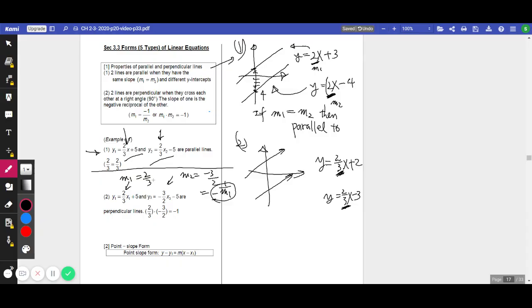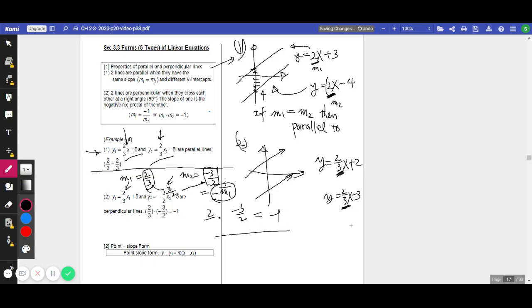So if you flip 2/3, it becomes 3/2, and then you take a minus. So in this case, they become perpendicular to each other. And to double check, if you multiply 2/3 times negative 3/2, you get negative 1. So this is the indicator that the two lines are perpendicular to each other.